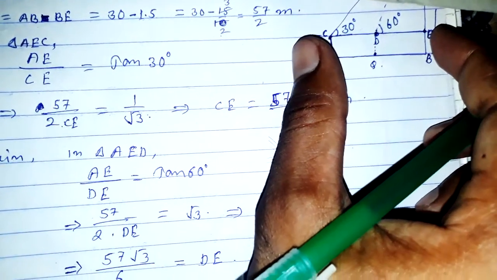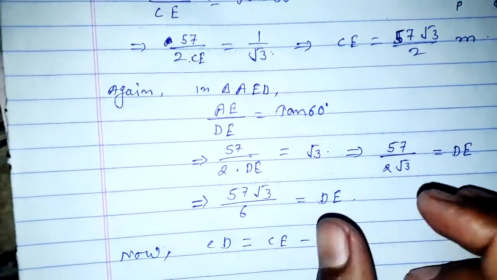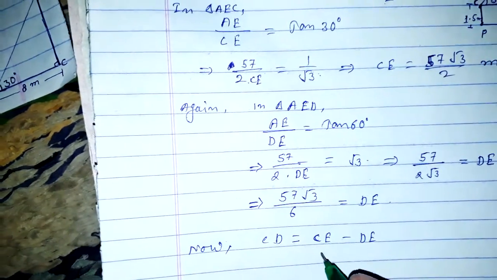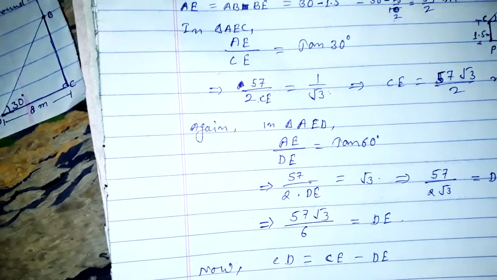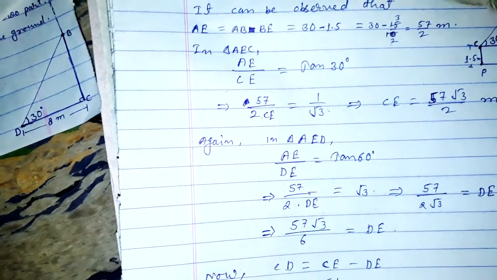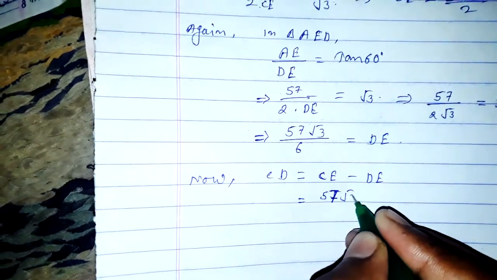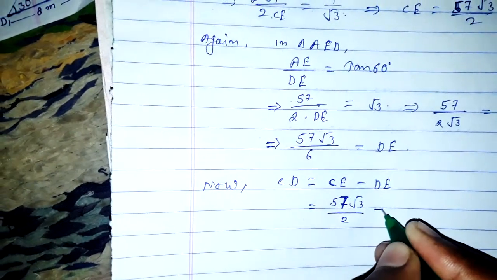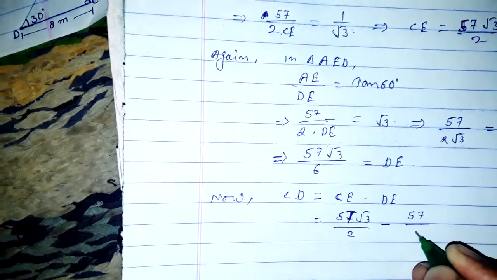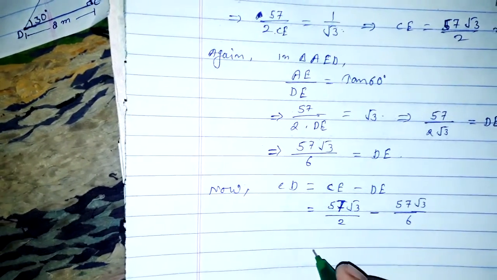CD is CE minus DE. So put the value of CE. The value of CE is 57 root 3 upon 2, minus 57 root 3 upon 6. Take LCM.